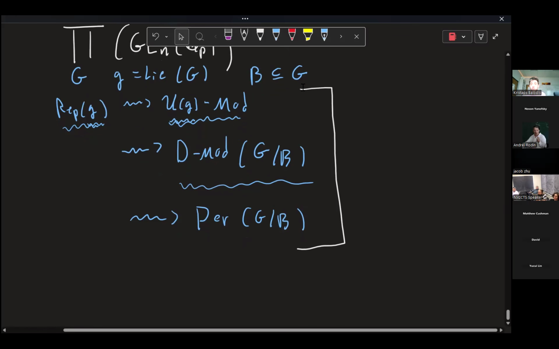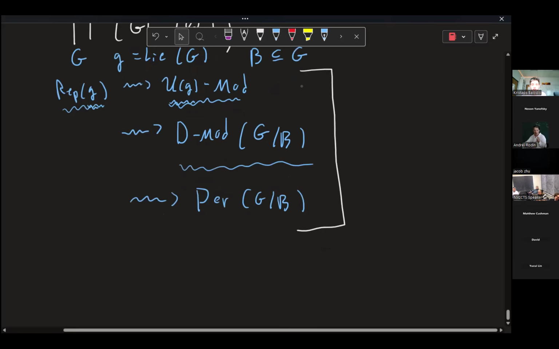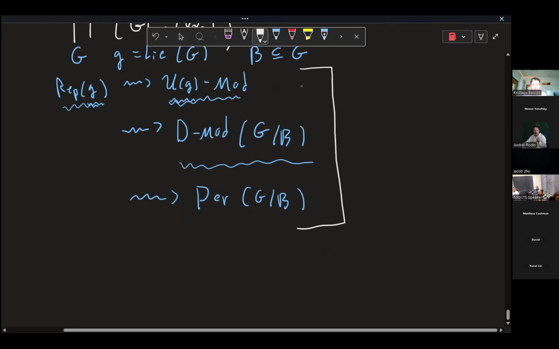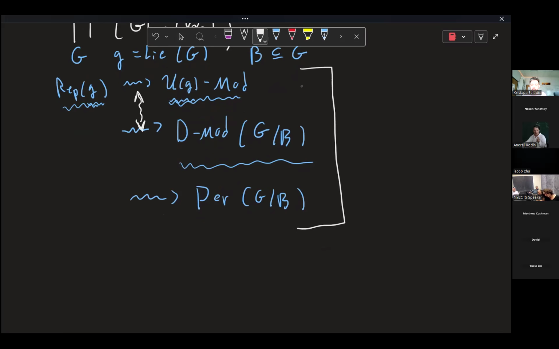Meanwhile, the question is, how do we approach this for p-adic groups? Because for p-adic groups, it's this part of the bridge that now becomes difficult. You would think that maybe you end up getting some sort of notion of D modules on some sort of variety over the p-adic numbers, maybe.